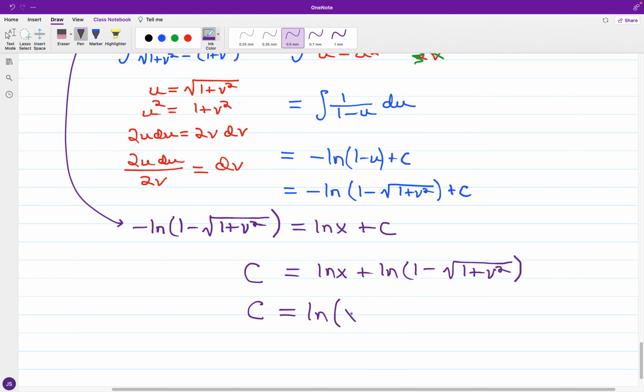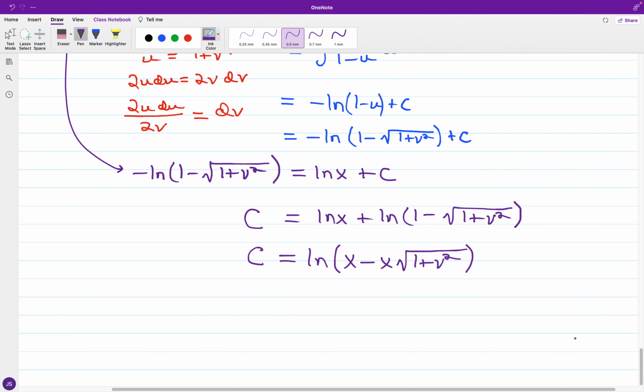So we have the natural logarithm of x minus x times the square root of 1 plus v squared, and in the follow-through, the natural logarithm of x minus x times the quantity, and remember we have that v is equal to y over x, so if I add 1 plus y squared over x squared, we're going to land at the square root of x squared plus y squared all over x squared.